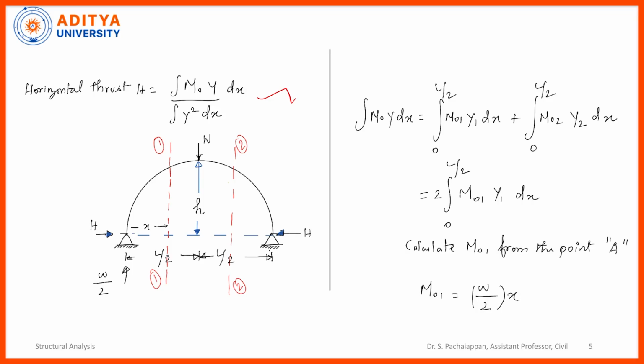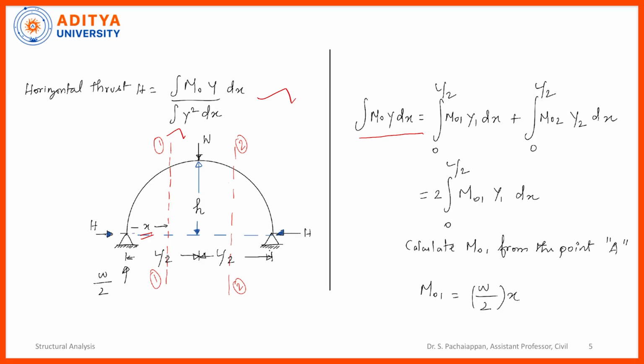First, we consider section 1-1, located at a distance x from the left support. We are going to calculate the integral of M naught y dx, which is split into two boundary conditions.